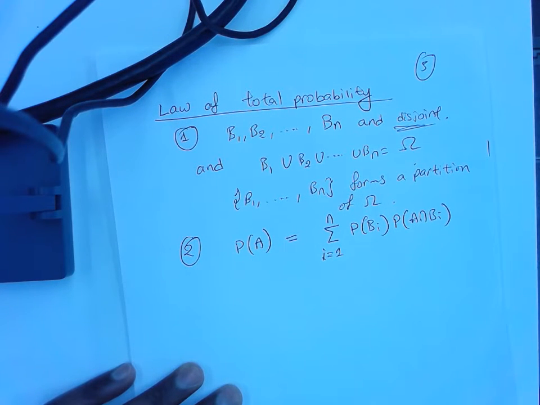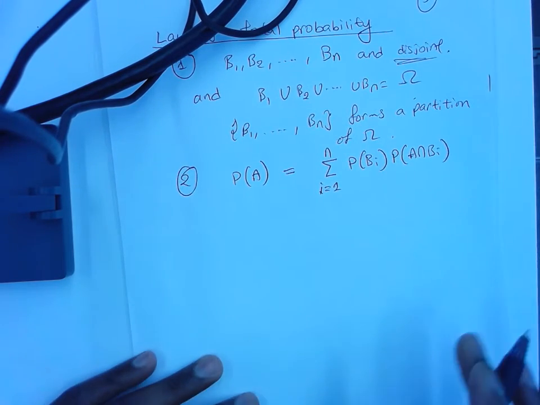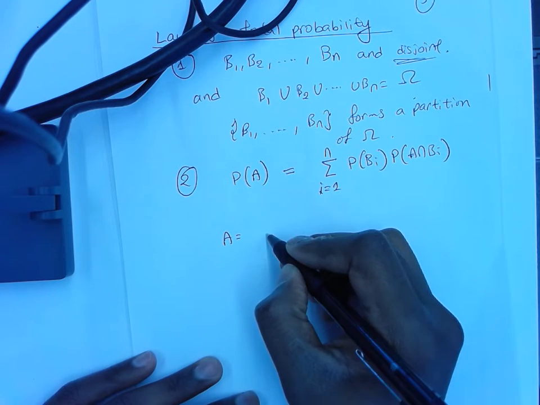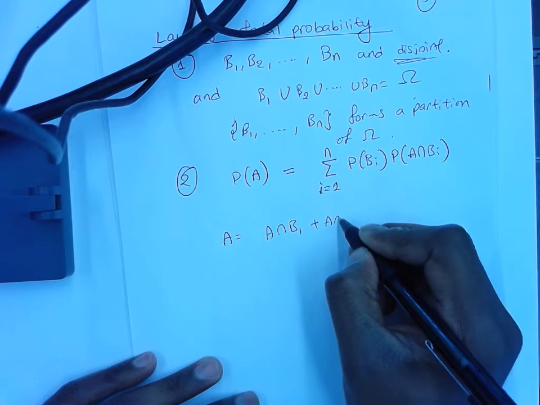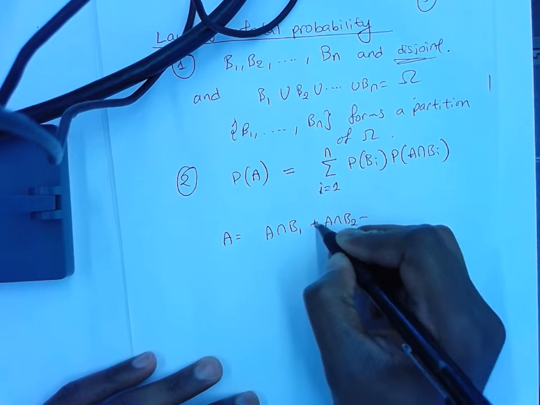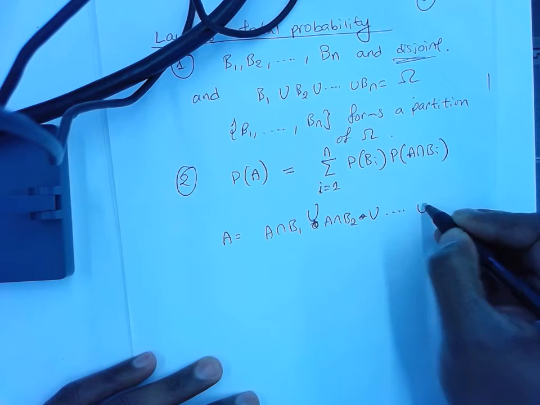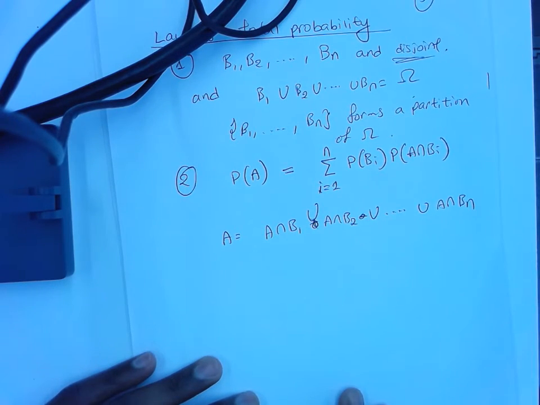It seems like a complicated thing, but this is what that is. I can write A as A intersection B1 union A intersection B2, so on up till union A intersection Bn, right? No, these guys are intersections.